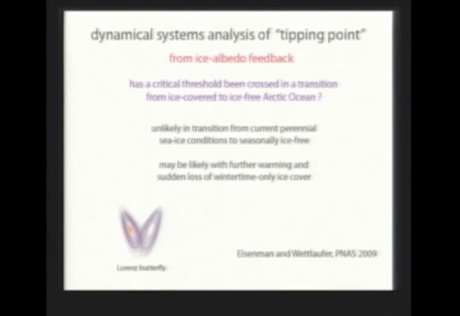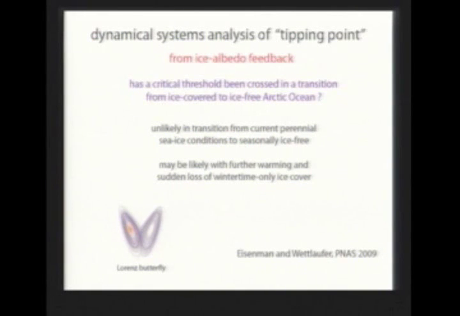And as I was just briefly mentioning, there's been an interesting dynamical systems analysis of this so-called tipping point issue, where one looks at the differential equations associated with this ice albedo feedback, and you can ask the question, has a critical threshold been crossed in a transition, say, from an ice-covered to an ice-free Arctic Ocean?